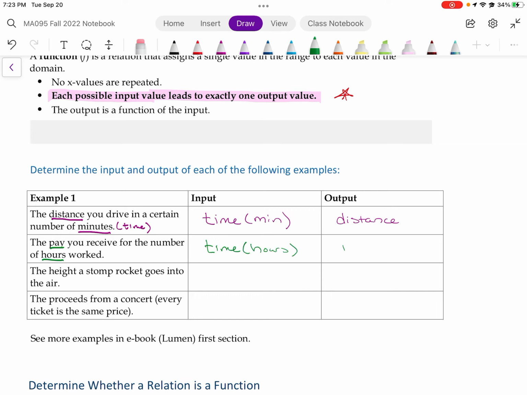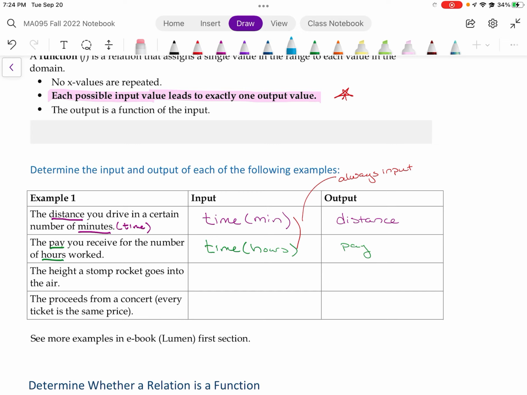And the output is your pay in most likely dollars, okay? So time in hours. I just want to point out here that time is always the input. Time doesn't depend on anything. Time is independent of all things, right? So it's always going to be the input. So anything with time in it is pretty straightforward.